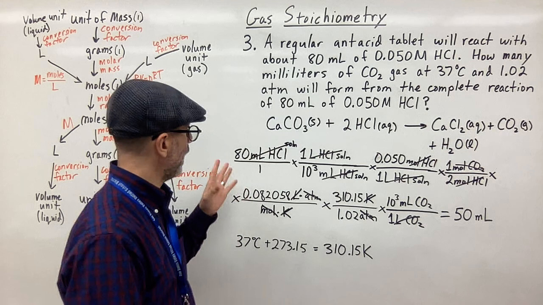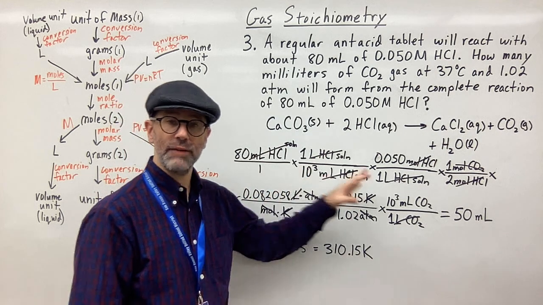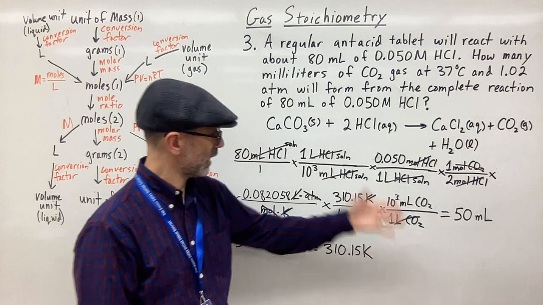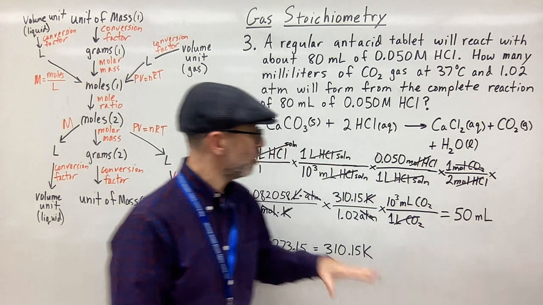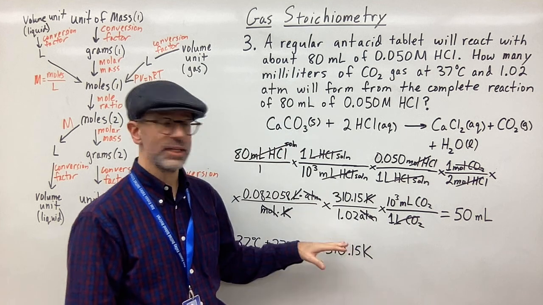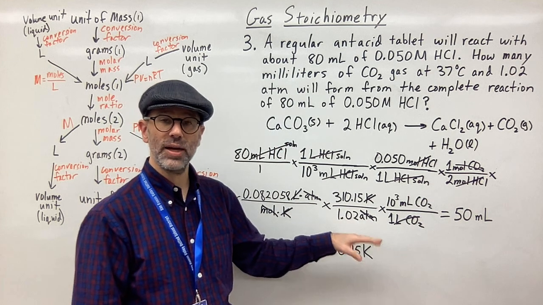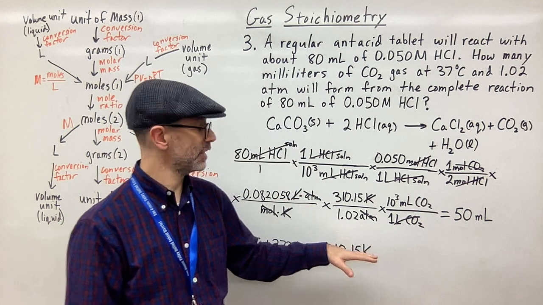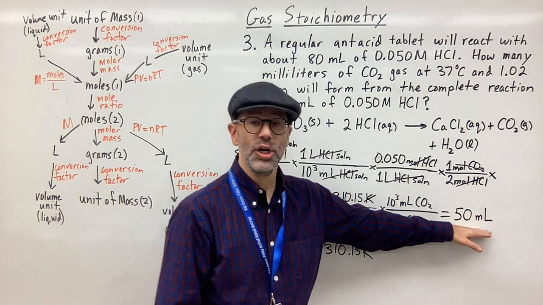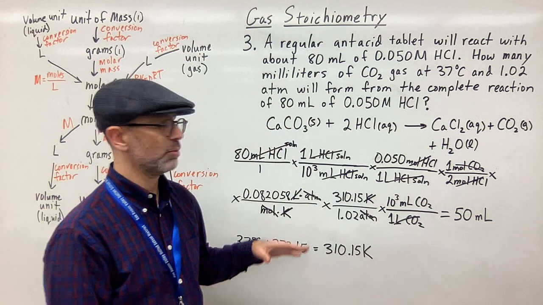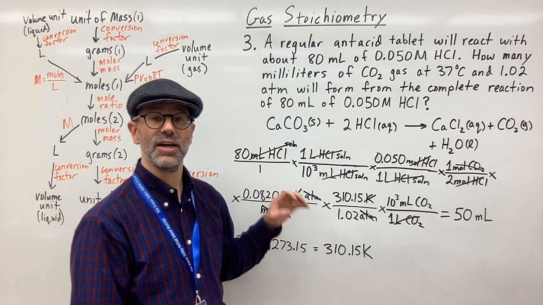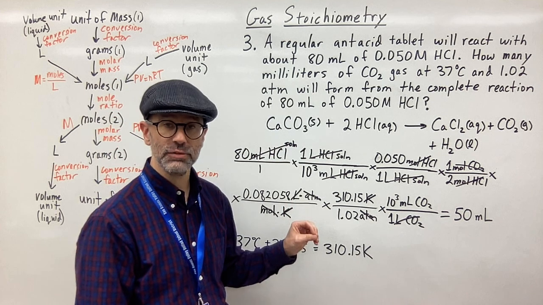Well, if you look at the number of sig figs, we'll have to go back here. For those of you who are interested in the number of sig figs, remember that the rule for multiplication and division is that the number of sig figs in your answer should be the same as the number of sig figs in the measurement with the least number of sig figs.